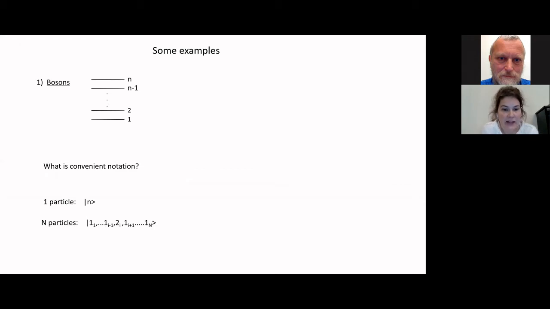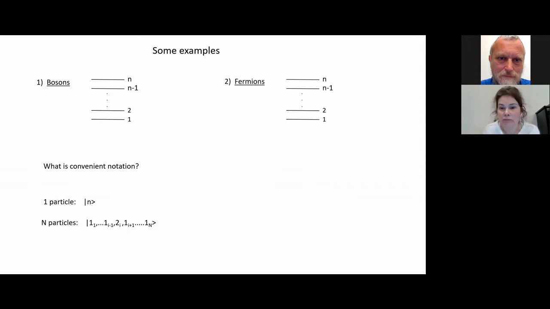So in this case, the first 1 to I-1 bosons are all sitting in the ground state, in level number 1. And then there is one boson number I that's actually excited. It's sitting in an excited state, label 2. And then there are more from I+1 until N, which are in the ground state. So now we have labeled all the particles and we know in which level each one is.